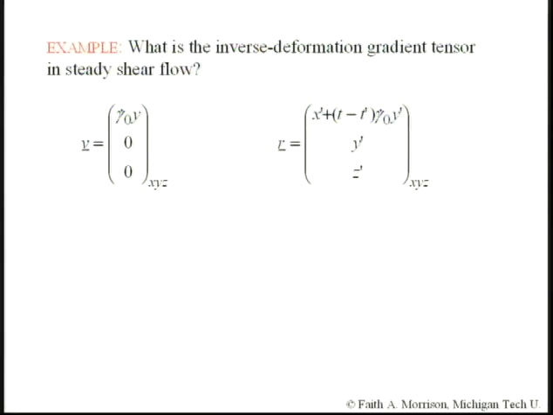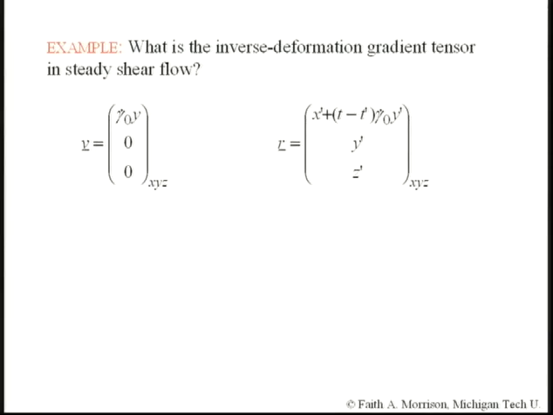Where is the particle? This is the position of the particle in shear flow as a function of time. If it started out at a position x, y, z prime, where is it after some time t? And so all we need is this expression, and we can take the derivatives that we need to get f or f inverse.